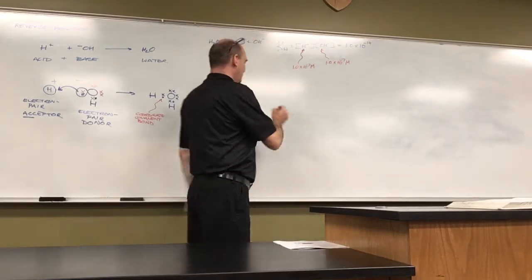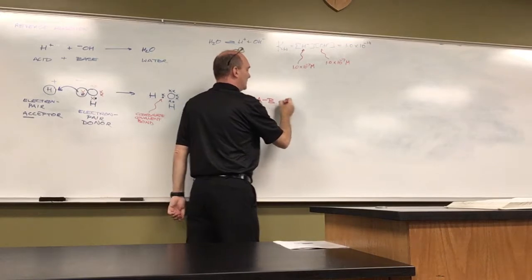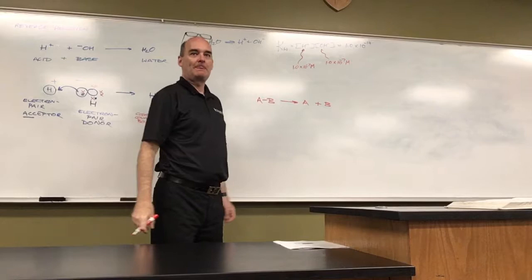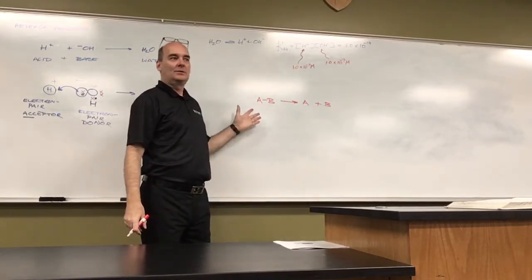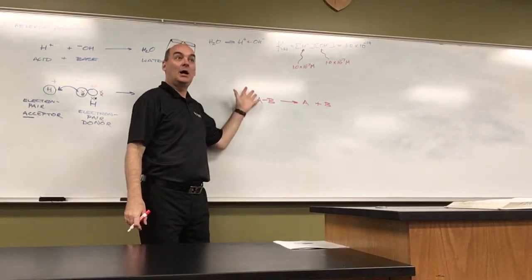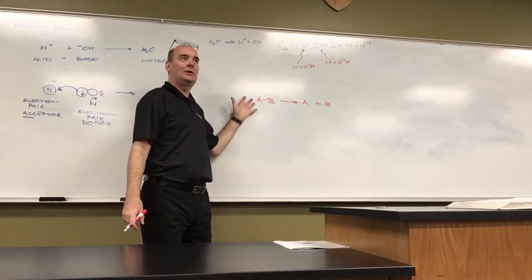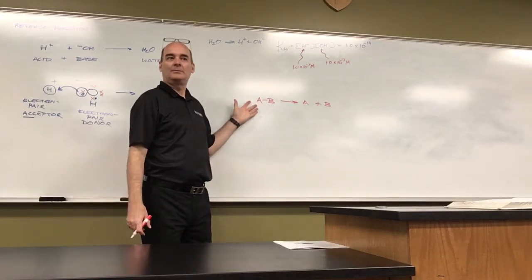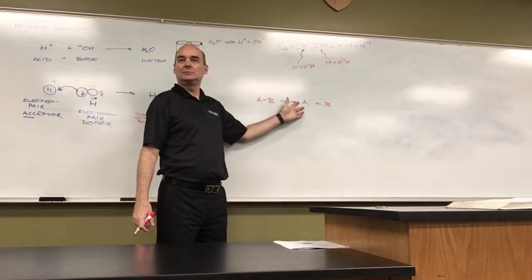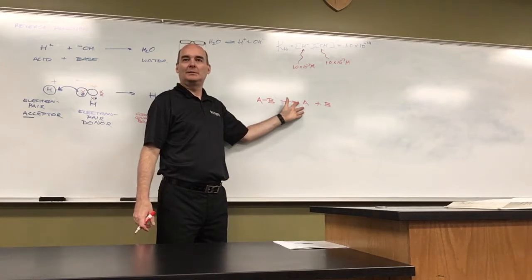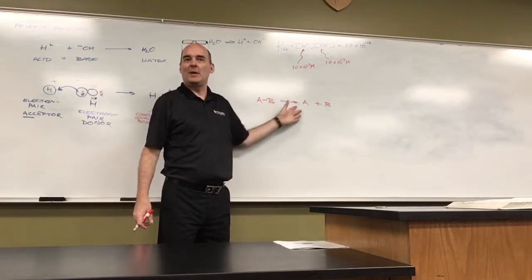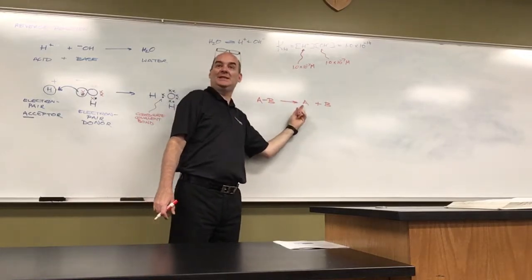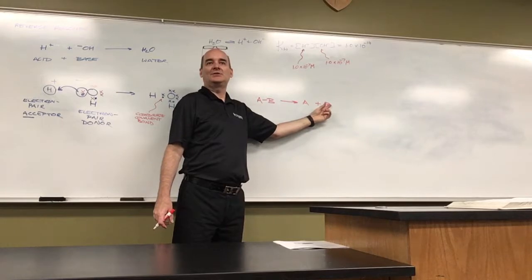So this is AB breaking apart to make some A and some B. There's no way that if I have 100 ABs in solution and I break apart 25 of them, I get 25 A's. How many B's do I make? 25. It has to be the same number. This is a dissociation. Therefore, whatever number this is, that number has to be the same number.